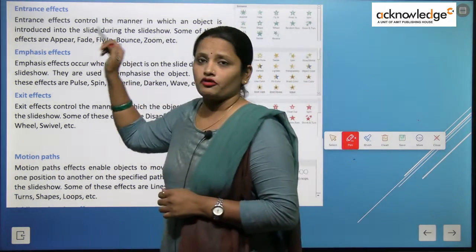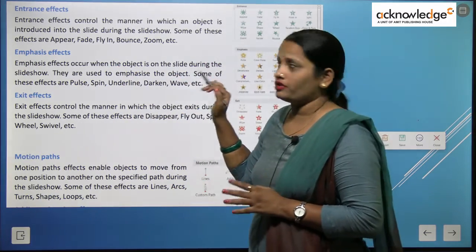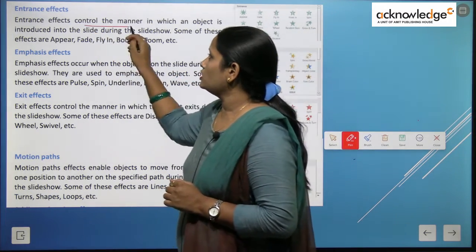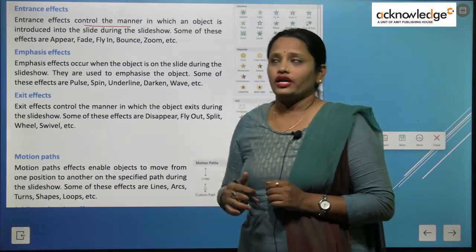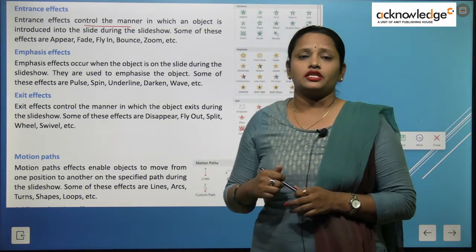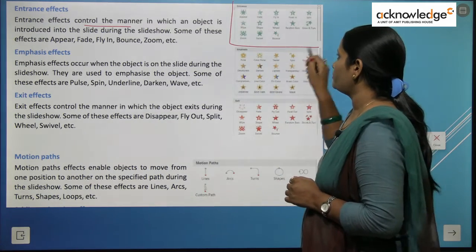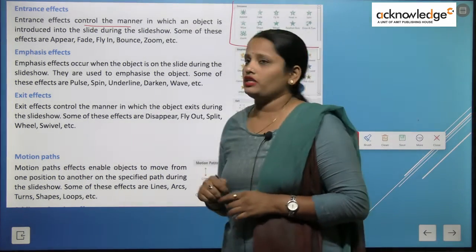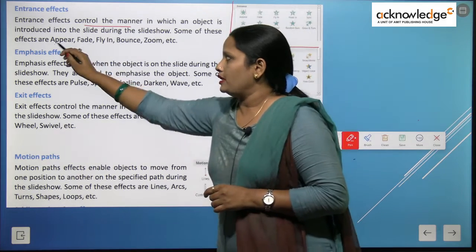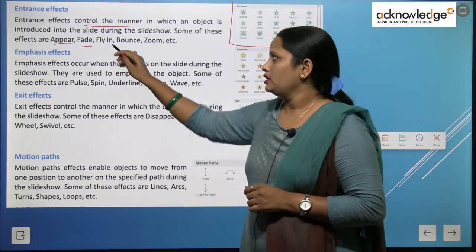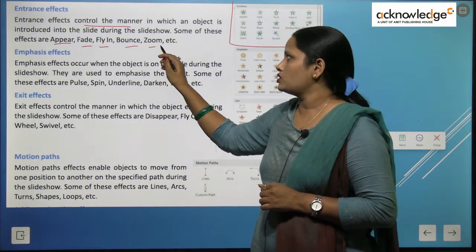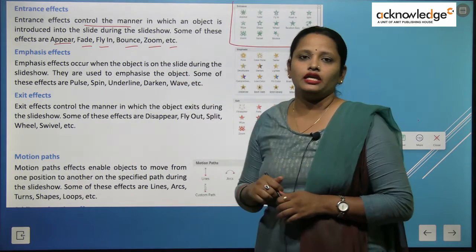So, the work of entrance effect is to control the manner in which an object is introduced into the slide. Here the example of entrance effect is given. Some of these effects are appear, fade, fly in, bounce, zoom, and there are many more.